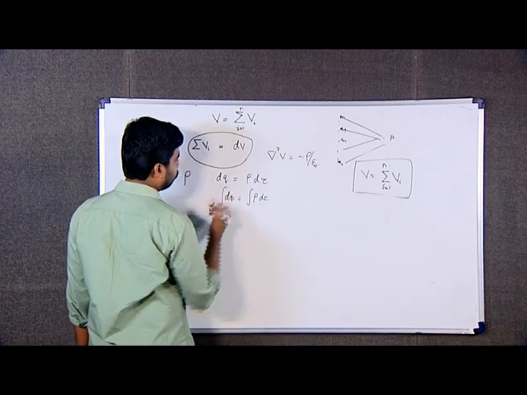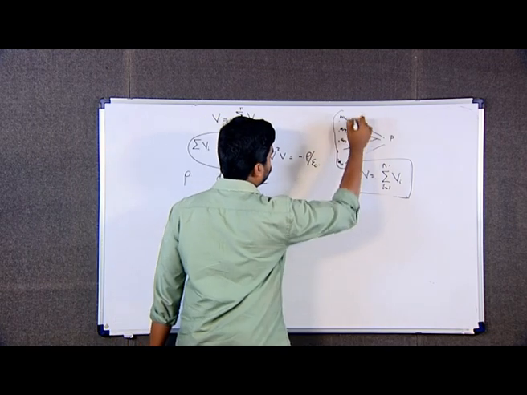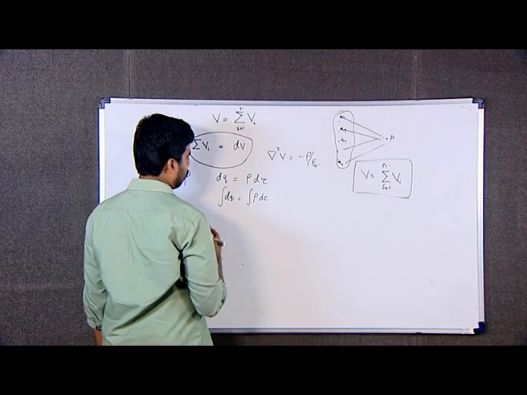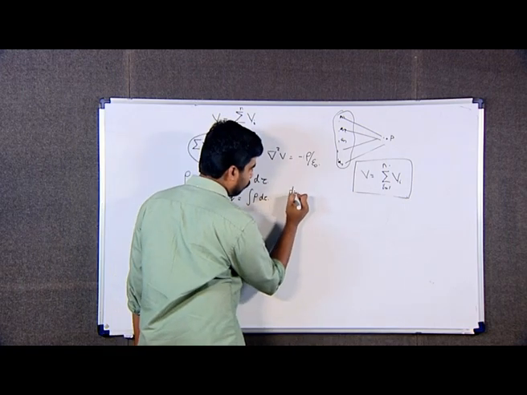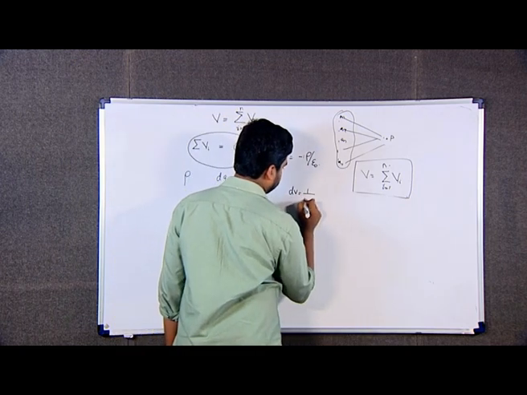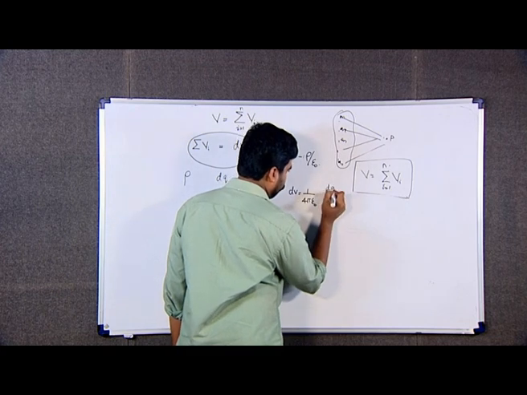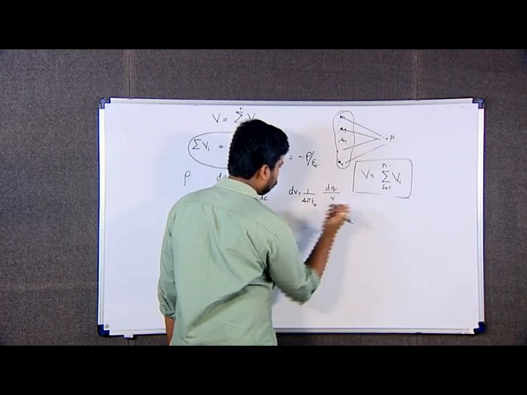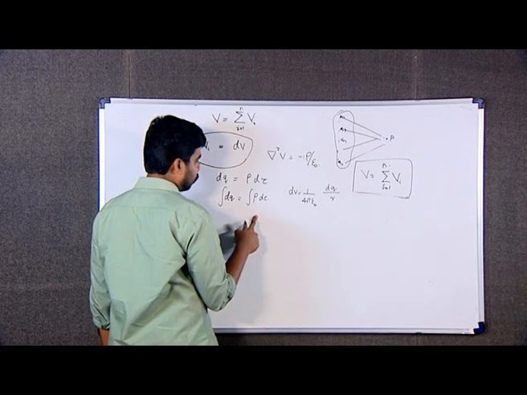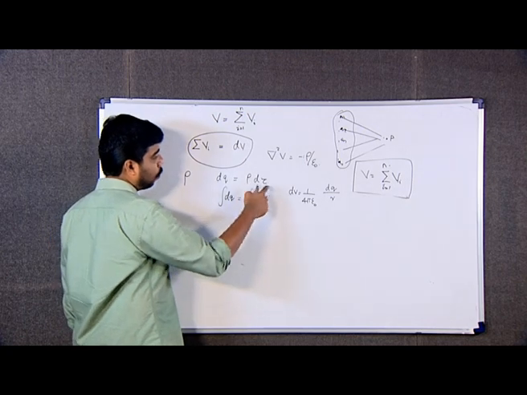So, how can I write for a continuous charge distribution? If this is a continuous charge distribution, what is the potential produced at this point P? I can write dV is equal to 1 by 4 pi epsilon 0 dq by r. So, for this volume charge distribution, dq can be written as rho dτ.